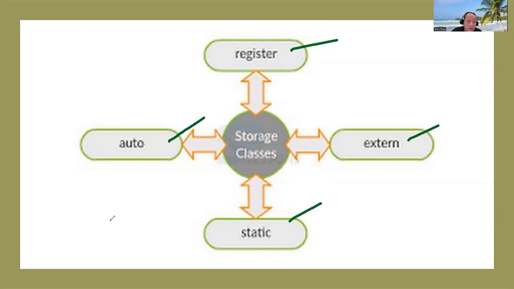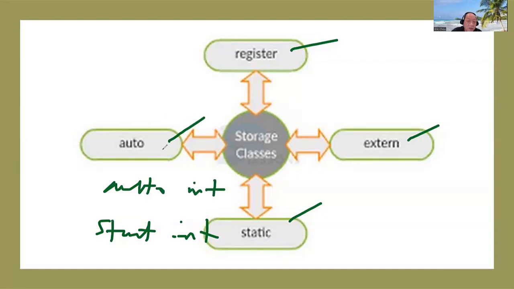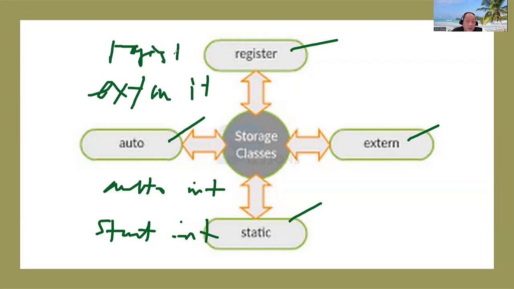So you can have a static integer, an auto integer, an external integer, a register integer. But what do these really mean?